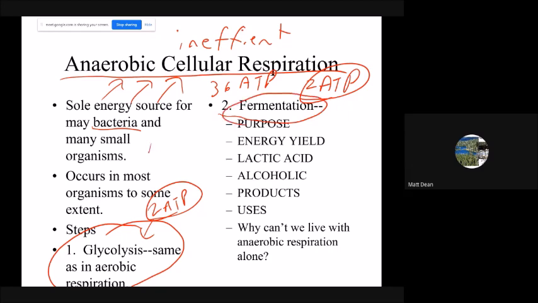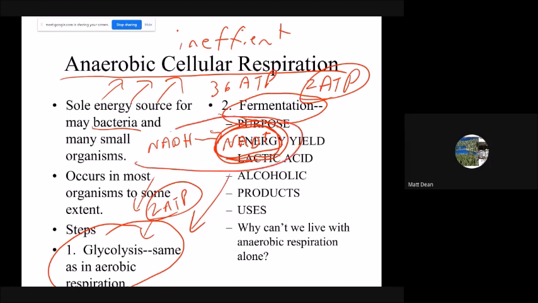Fermentation's job is to take the NADHs that are generated in glycolysis and oxidize those back to NAD+. Because it turns out the cell only has a limited amount of NAD+, and without it, glycolysis can't happen. This step is not a problem when you're doing aerobic respiration, because that's one of the main things that happen during the electron transport chain, or oxidative phosphorylation. Fermentation, though, has to do it a different way.